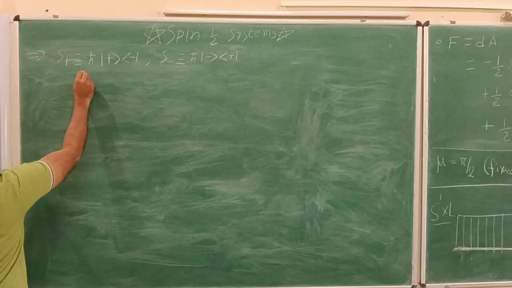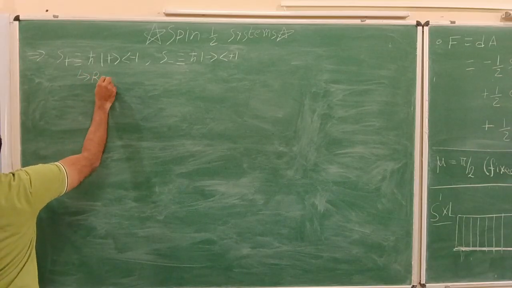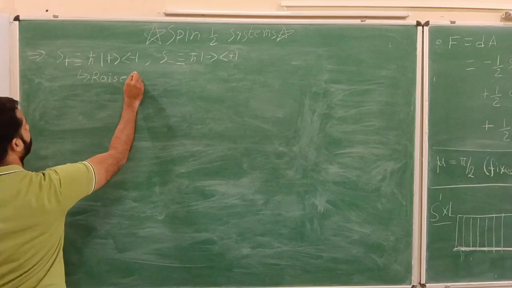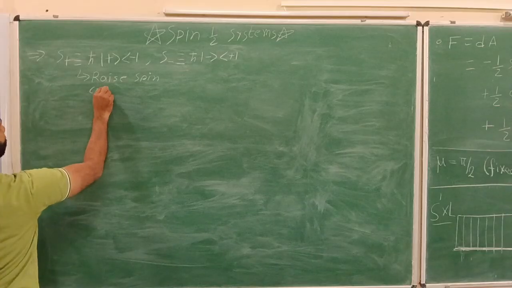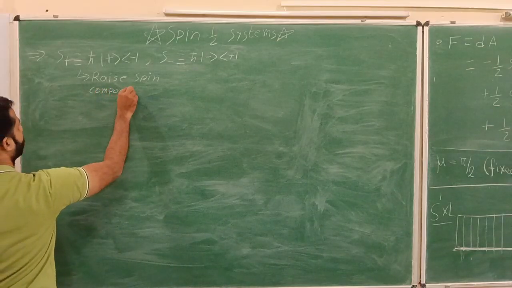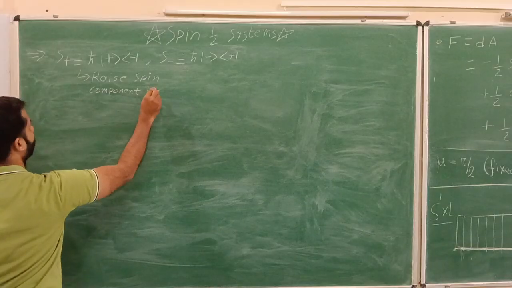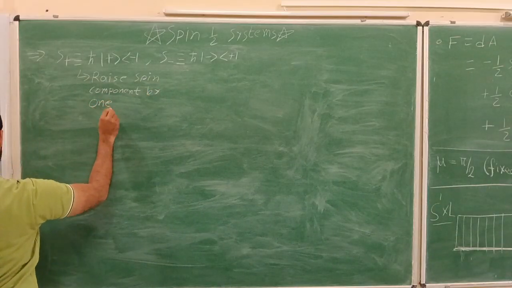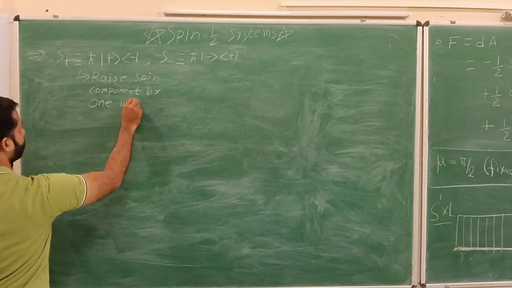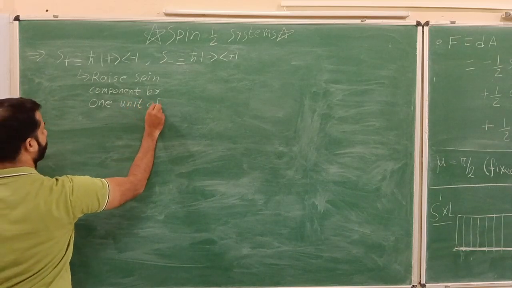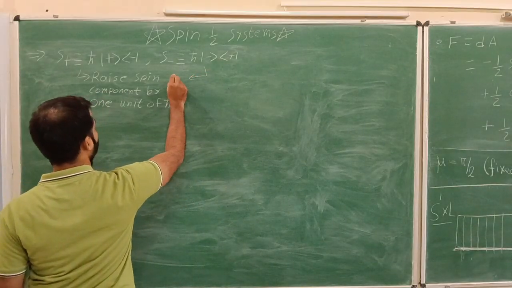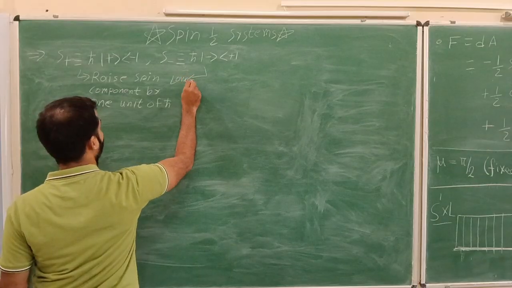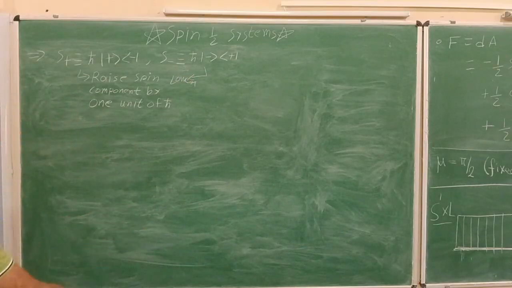So this will raise the spin component by 1 unit. This will lower the spin component by 1 unit of h bar.